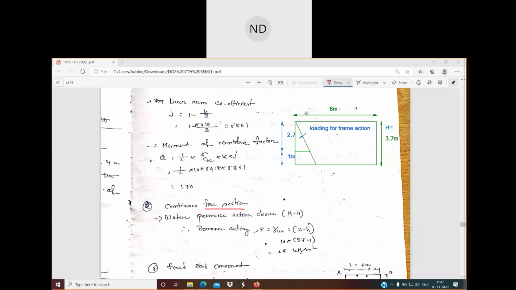This is a loading for the frame action. And now you see here, this was your water pressure action above here, the water pressure which is coming on the rectangular frame, in the rectangular tank. The water pressure from here is coming on these walls, right? So that means this water pressure is more here on the upper portion. So that water pressure is how much? Gamma w into h, and this h is, you already know, capital H minus small h. This is your small h.